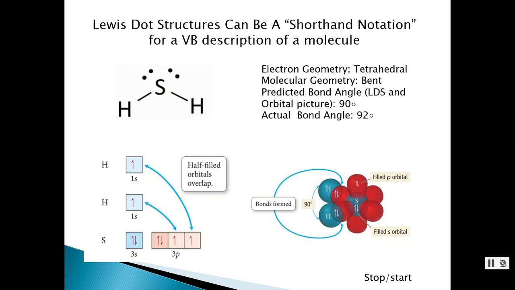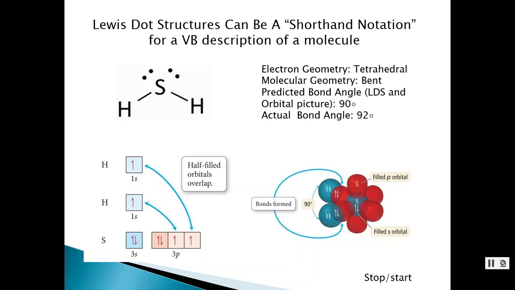If I was to look at the bonds associated with that molecule, I would see that the bonds between the hydrogen and the sulfur occur because, when I look at the atomic orbitals for the hydrogen and for the sulfur, those half-filled orbitals overlap, thereby sharing those electrons and forming the covalent bond.